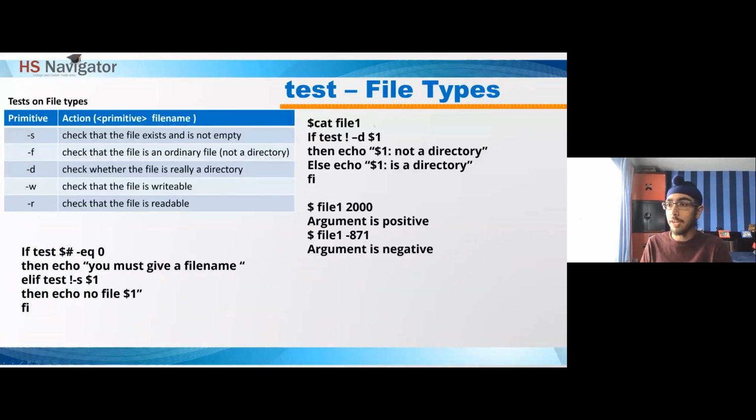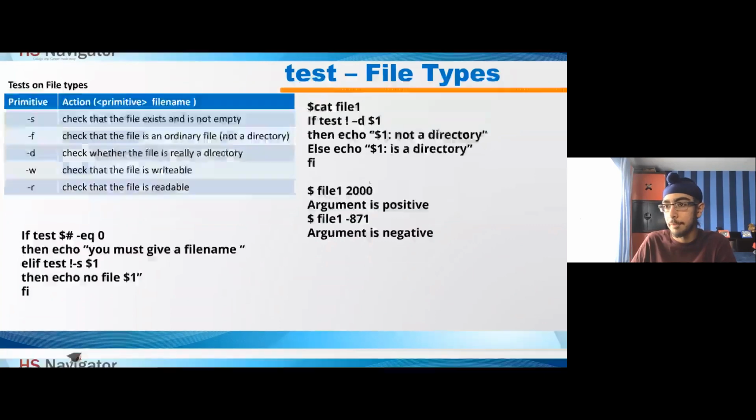Then that file is going to be the first argument. That's what $1 is. And it'll test whether the first argument you passed in is a directory or not, and it'll print that out. It's the same thing with this down here. You can test to see whether this file exists or does not exist, and you can actually do shell programs like that.